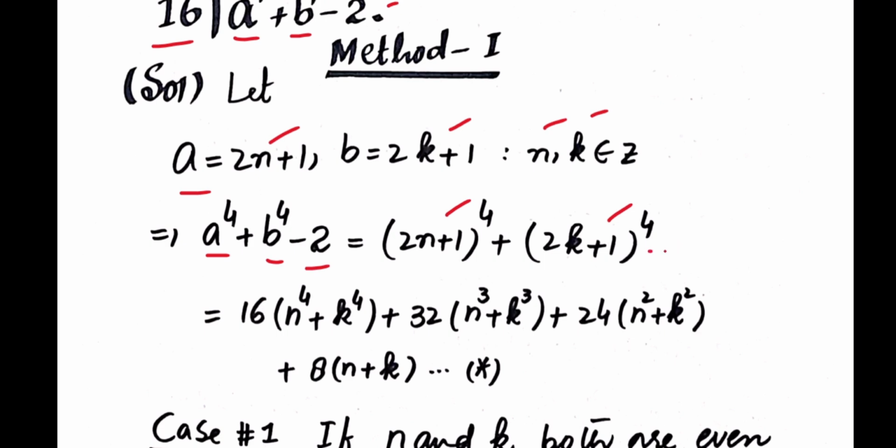After some manipulation, we have the following expression: 16 into n raised to power 4 plus k raised to power 4, plus 32 into n cube plus k cube, plus 24 into n square plus k square, plus 8 into n plus k.